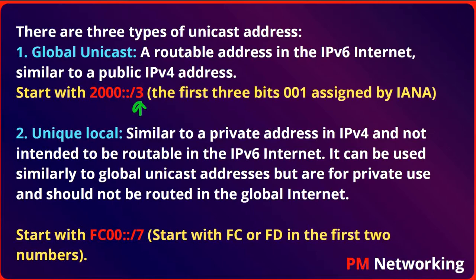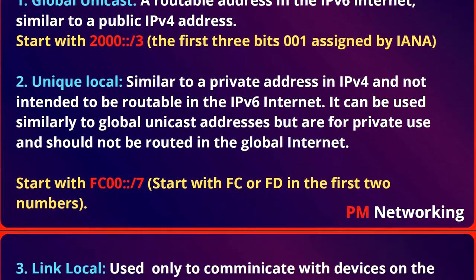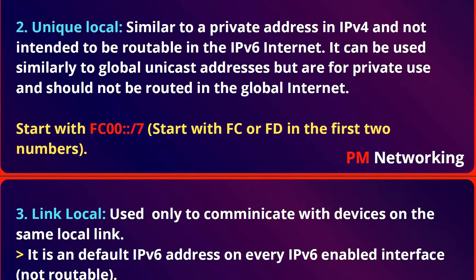Okay, let me move on to the second type of address, that is the unique local address. See, the unique local address is similar to a private address in IPv4. This is similar to a private IP address, and again a private IP address is not routable on the internet. That means in IPv6 the unique local address is not routable on the internet, right? It is not intended to be routable in the IPv6 internet.